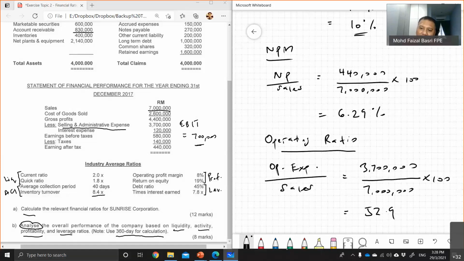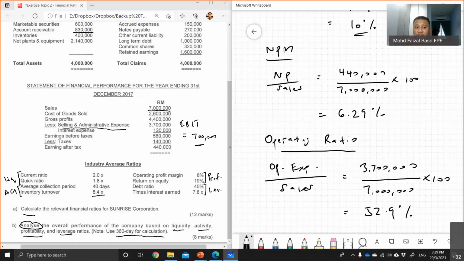For ratios, I strongly advise you to keep it at least at 1 decimal, just for the sake of comparison. I can round up to 53 here. Sometimes I just keep it at 1, or sometimes I keep it at two decimals. Or else you can refer to the question.